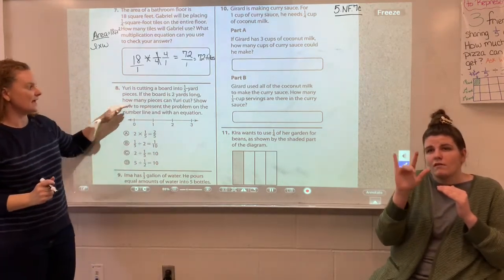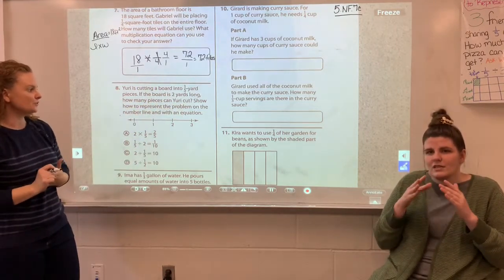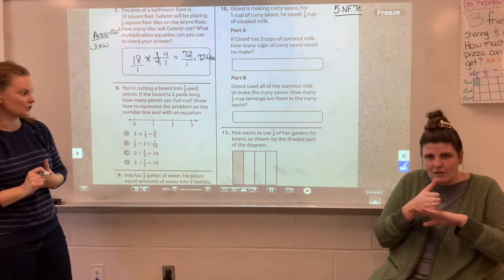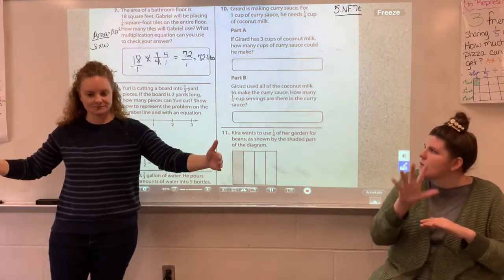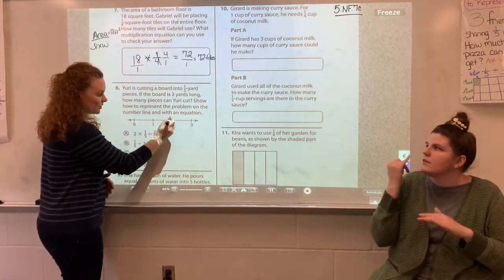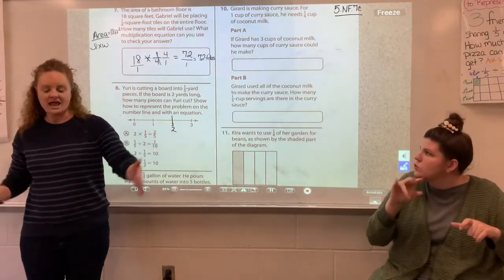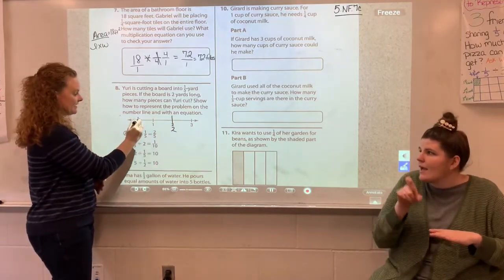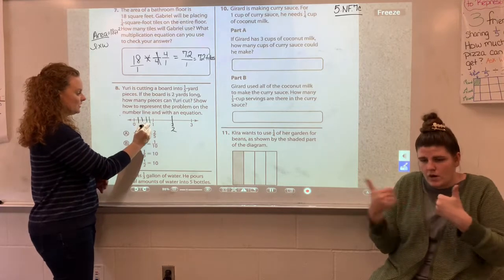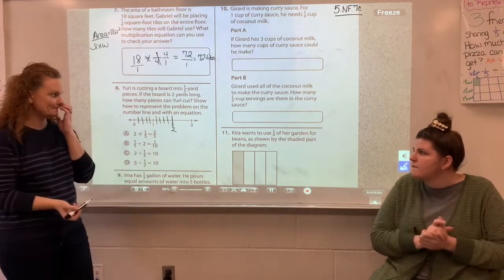Yuri is cutting a board into 1/5 yard pieces. If the board is 2 yards long, how many pieces can Yuri cut? So we've done these multiple times. I have a 2-yard board, okay, where on here, we'll go to right here, because there's my 2. And I need 1/5 sections. So I have to take these and divide them into 1/5 sections, okay?